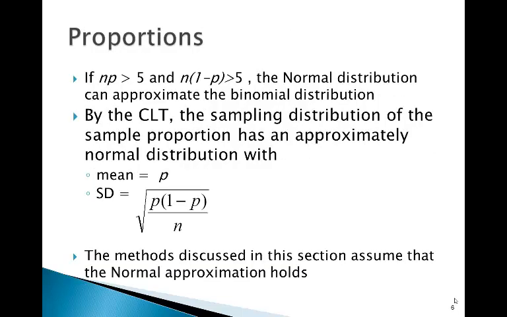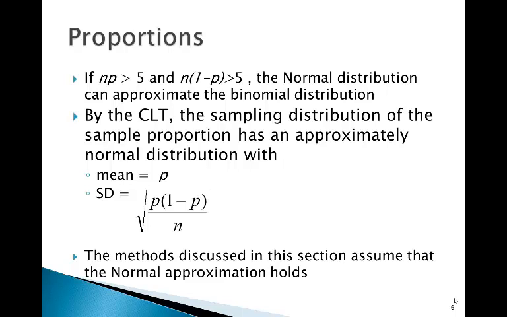When we talked about the central limit theorem, we also talked about how the sample proportion is a special case of the sample mean. So if all of our observations are zeros and ones, where 0 is a failure and 1 is a success, if we average those, or take the proportion of successes, those things are the same. So what we learned with the central limit theorem applies here.